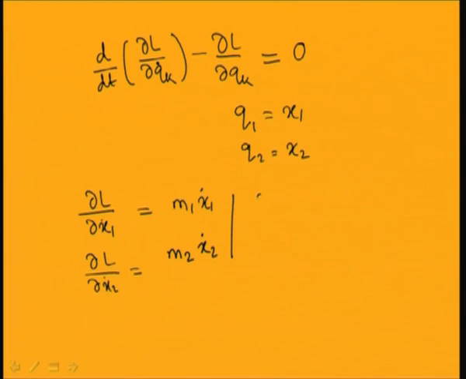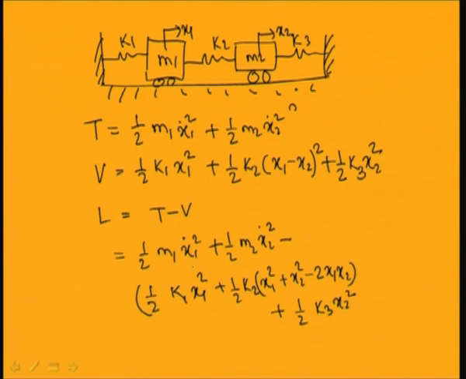Similarly, you can write del L by del x1. So, from this expression, the x1 dot and x2 dot terms are independent of x1 and x2, these are velocity terms. So, velocity and displacements you can take as independent functions, and so differentiation with respect to x1 will give, for this part, 2 cancels, so this becomes k1 into x1.